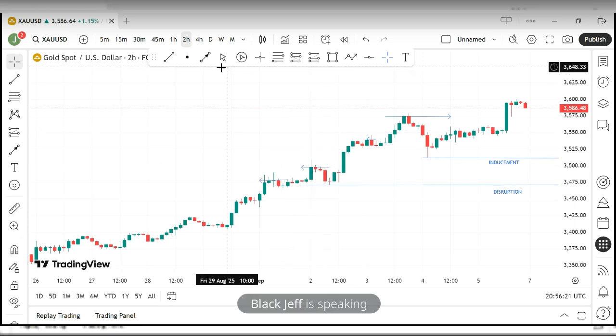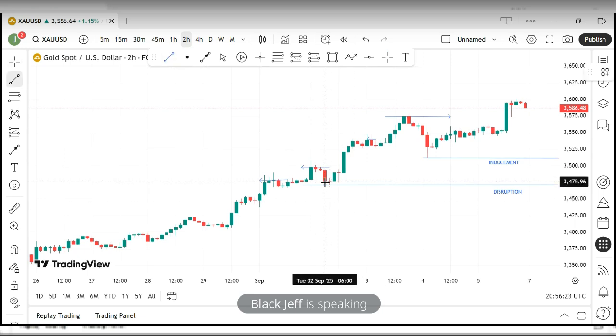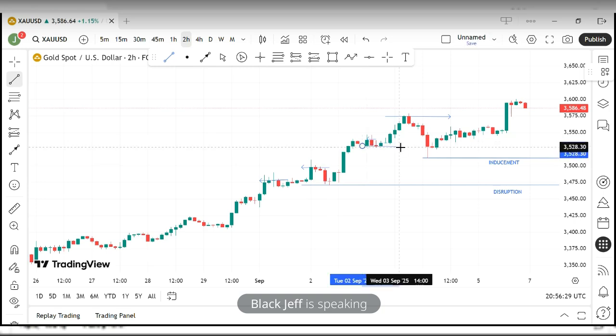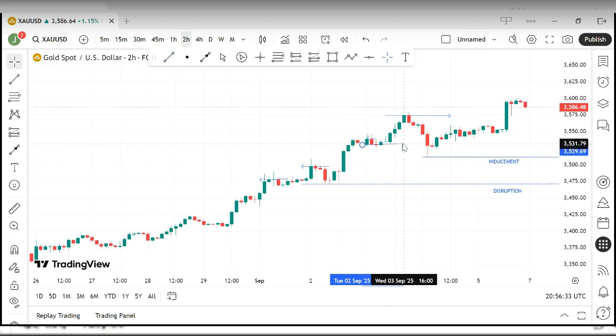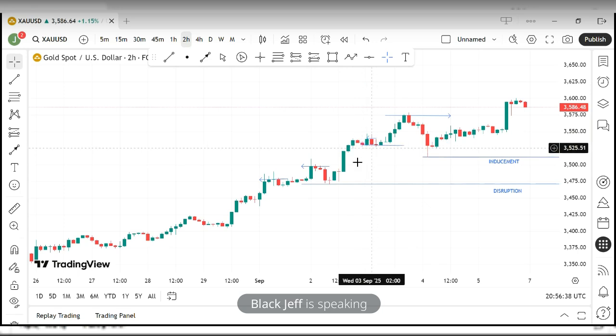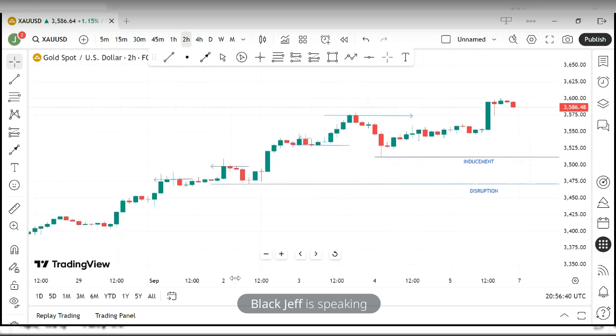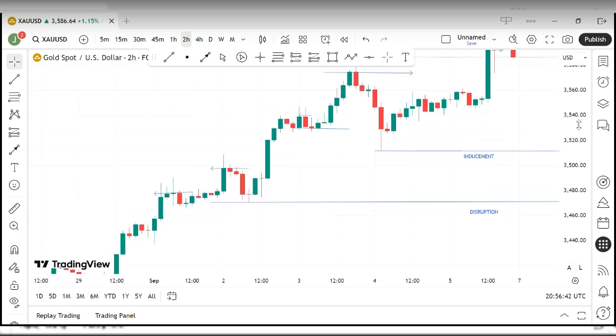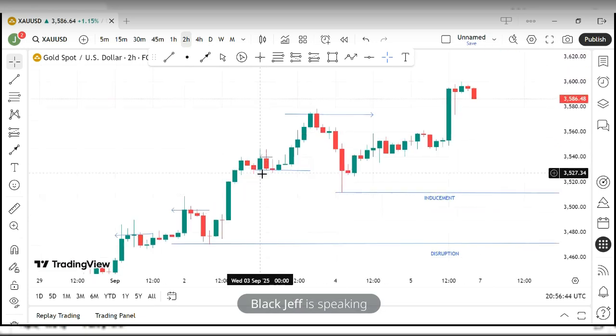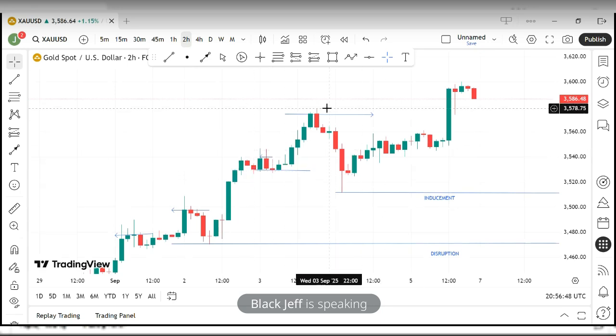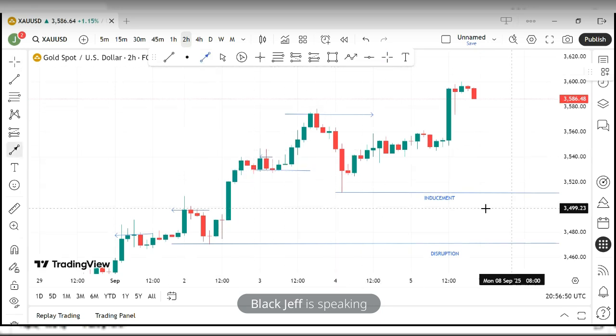While for support key levels, we have a support key level here. Look at this support key level, these two bottoms here.